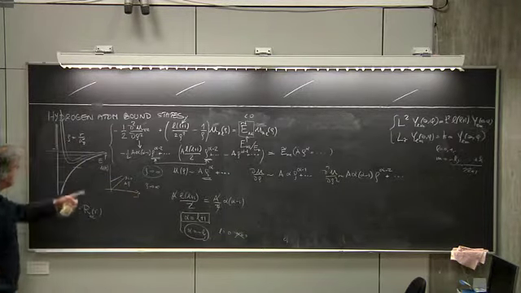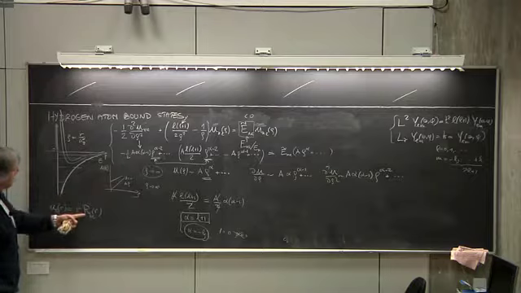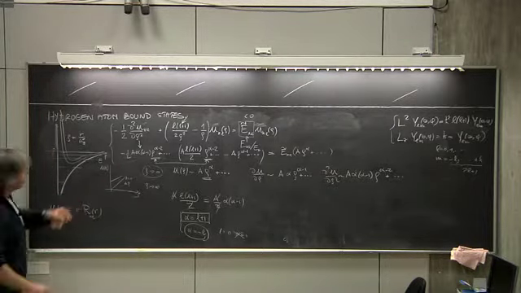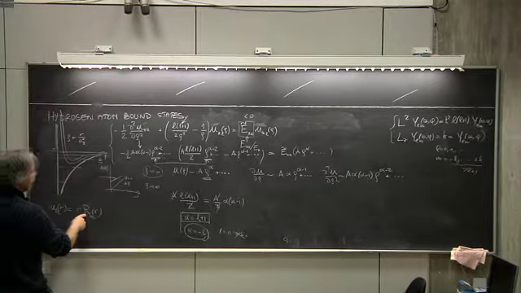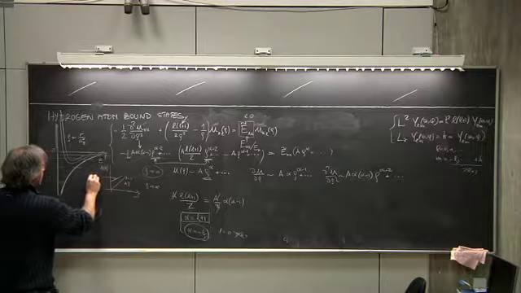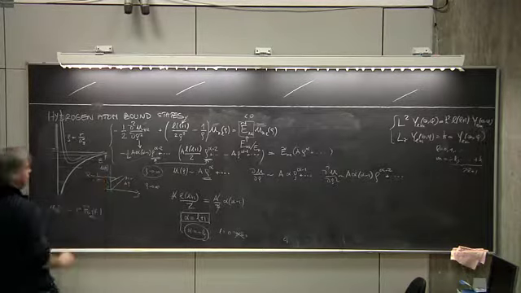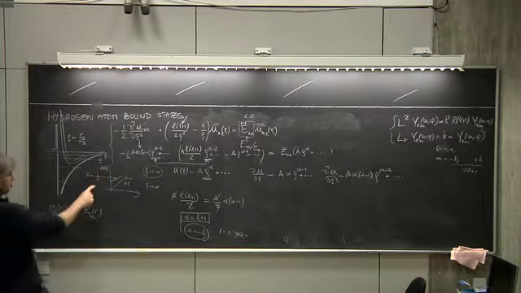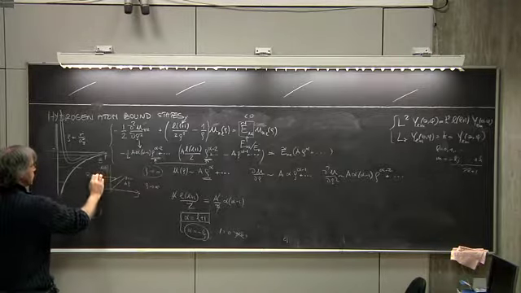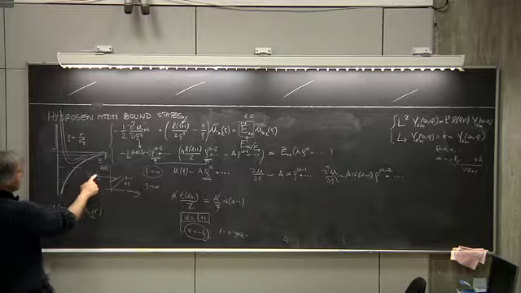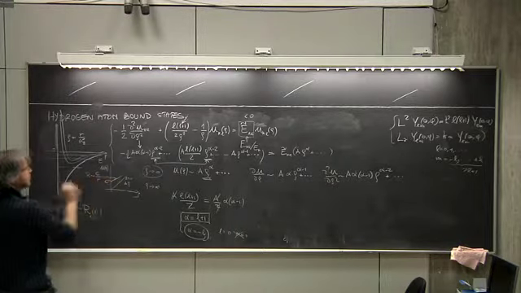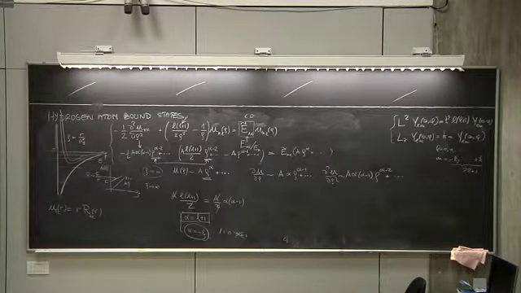Now, let us look at what this implies in terms of the radial function. The radial function corresponding to this should have a 1 over r behavior, because when you multiply by r, you find the constant that you have here. Is this clear?